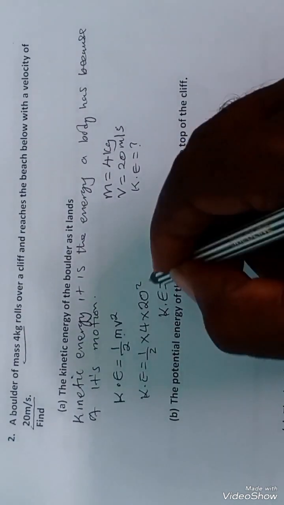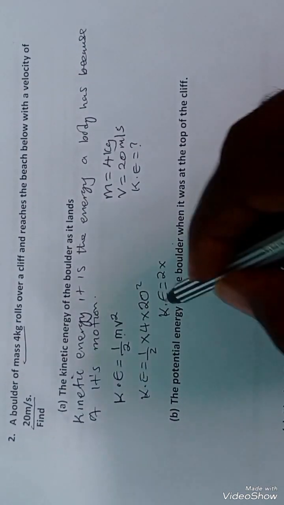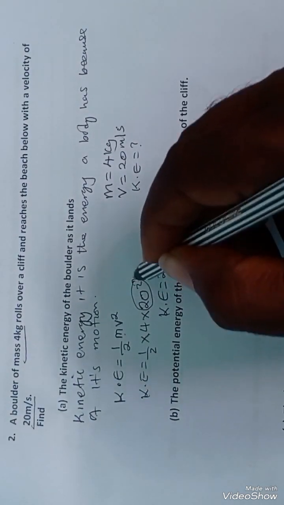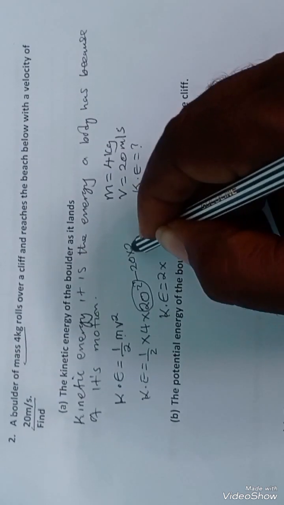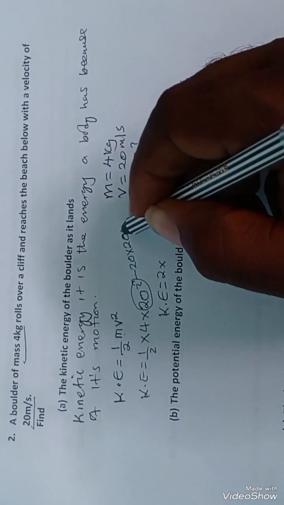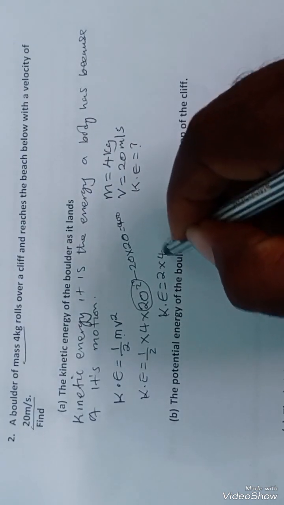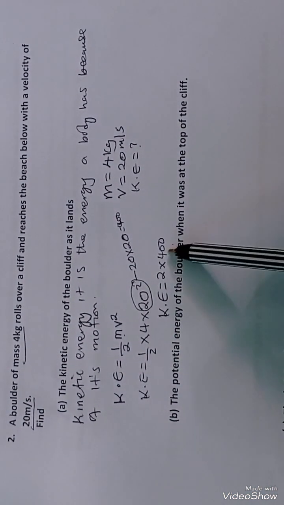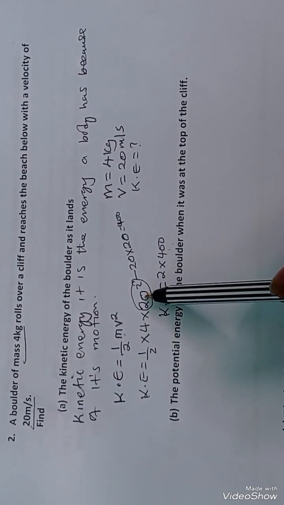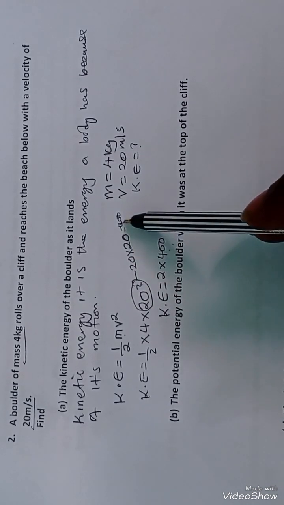When we use a calculator, the half of 4 is 2, times 20 squared. 20 to the power 2 means 20 times 20, which is 400.